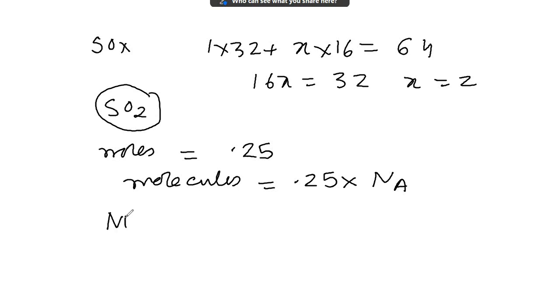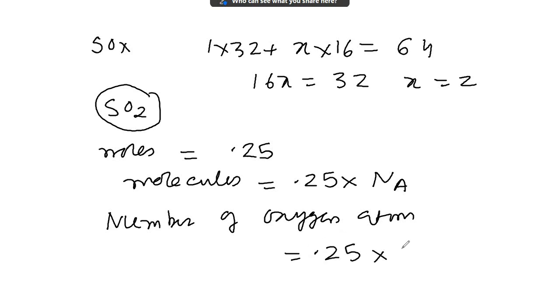So the number of oxygen atoms will be Avogadro number into 2, so 0.5 into Na. In this way, we determined the number of oxygen atoms present in 16 gram of SOX. So this is the third sum I have done.